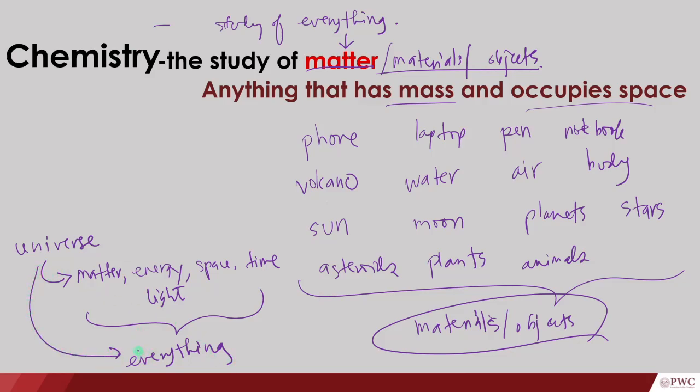But again, in chemistry, we will not discuss everything here. We will just focus on one component of the universe, which is the materials or objects in the universe. So that is what chemistry is all about. Chemistry is the study of matter, and again by matter we refer to anything that has mass and occupies space.